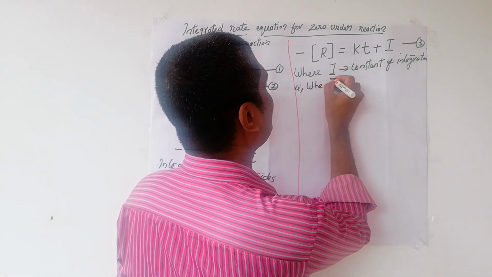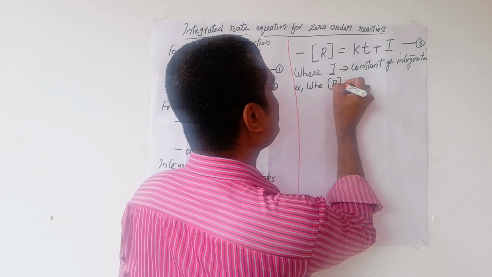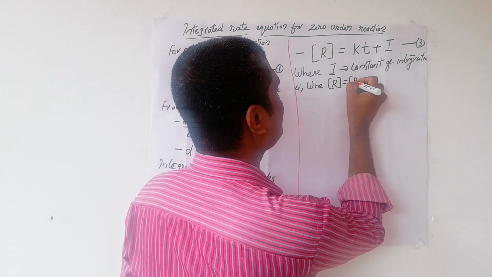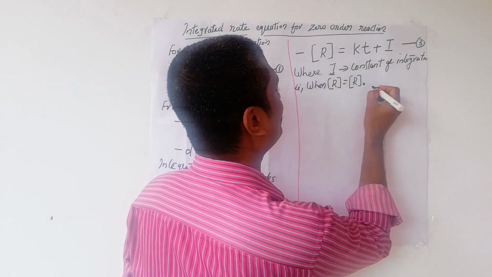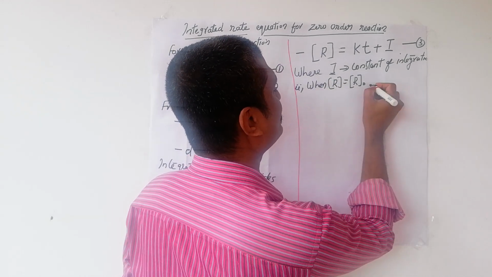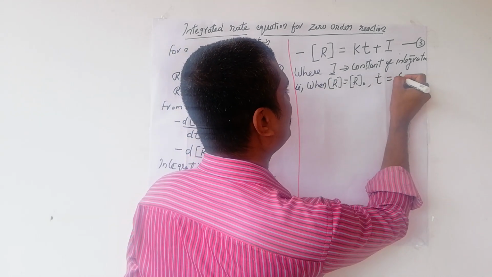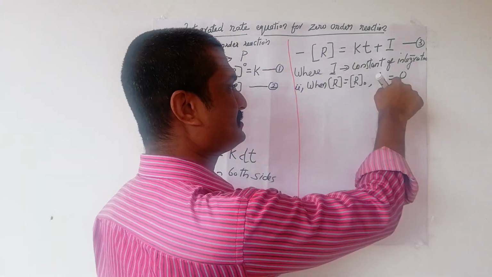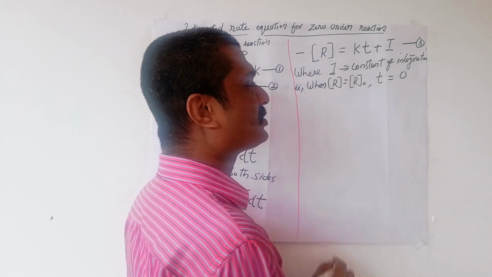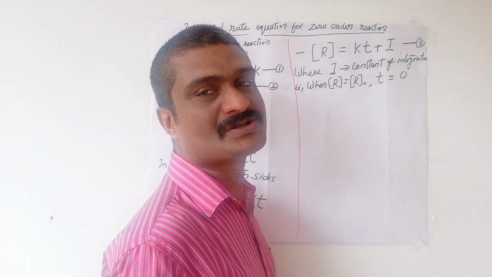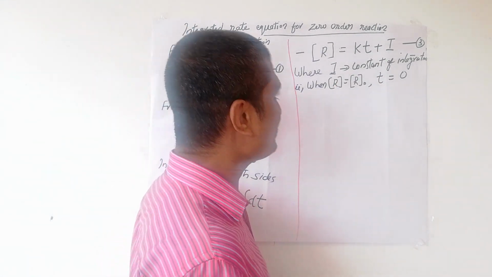When the concentration of reactant becomes R0, then time t is equal to 0. When time is 0, the concentration of reactant becomes R0, and R0 indicates the initial concentration of the reactant.